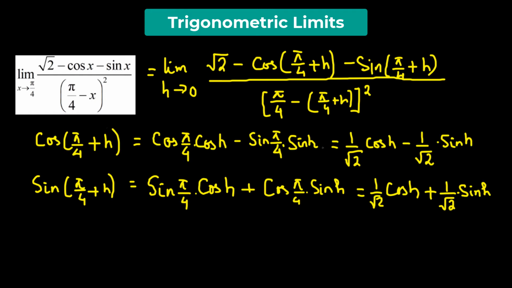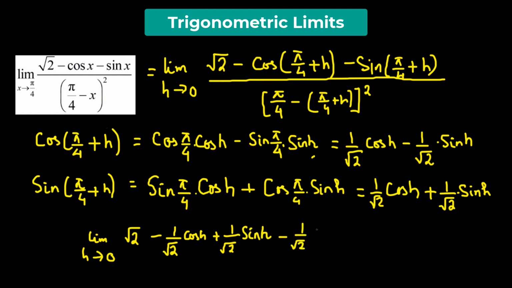So let's do that. So we have limit h approaching 0 of square root of 2 minus, so we have cosine of pi over 4 plus h, so that will become 1 over root 2 times cosine of h minus 1 over square root of 2 times sine of h, so we have a negative here, so this will become plus 1 over square root of 2 times sine of h minus 1 over square root of 2 times cosine of h, and we have a minus, so this will be negative 1 over square root of 2 sine of h.